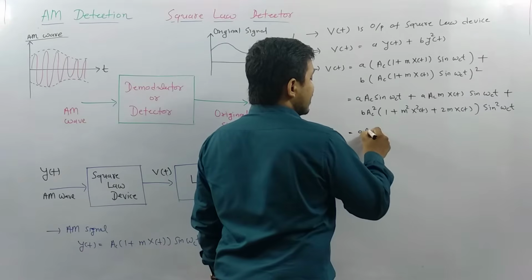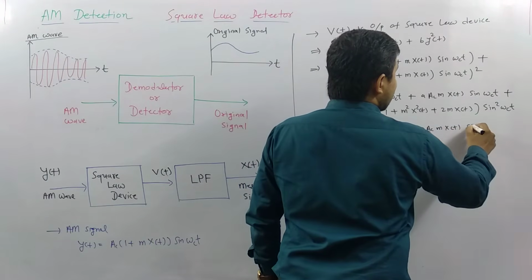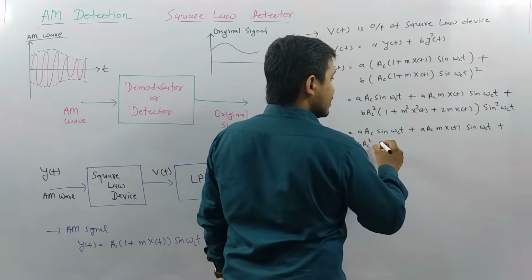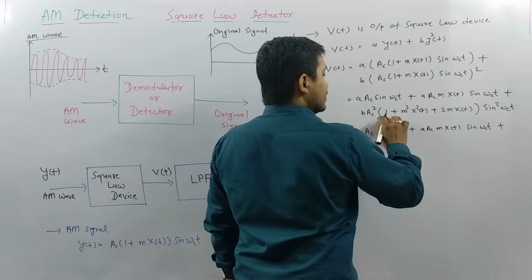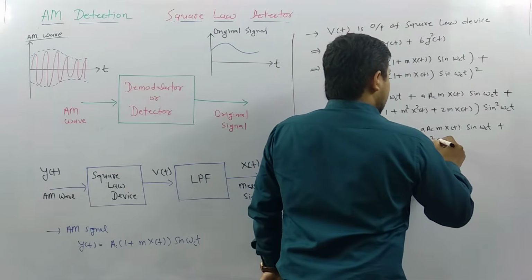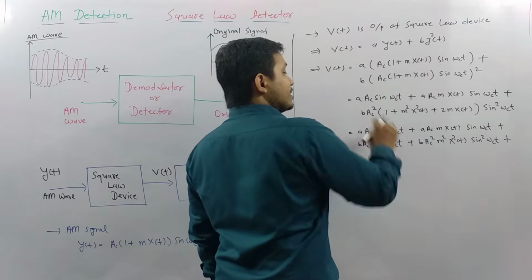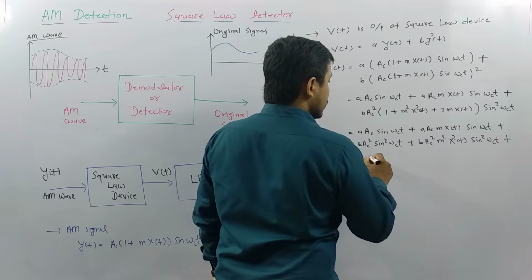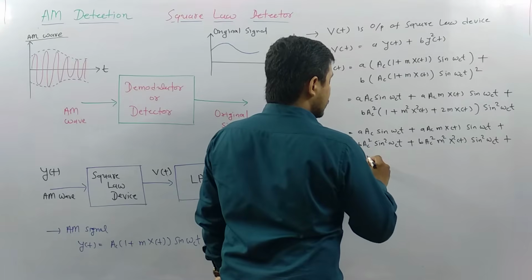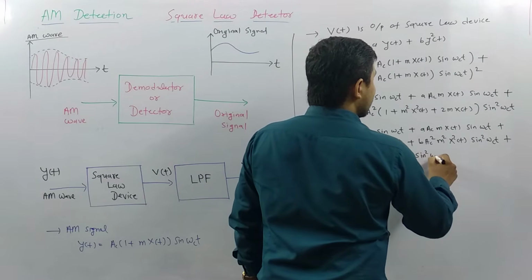So this will be AC sine omega ct plus AC m xt sine omega ct plus this will be B AC square sine square omega ct, this term, and then now this term, that will be plus B AC square m square x square t sine square omega ct plus, now see this is third term, that is 2 B AC square m into xt, and that into sine square omega ct.